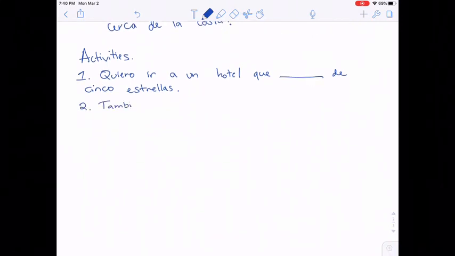También que blank vista del mar. The subject of number 2 is going to be the hotel.